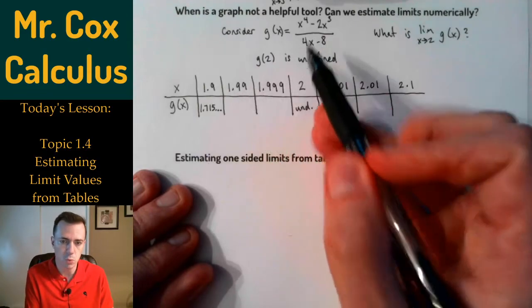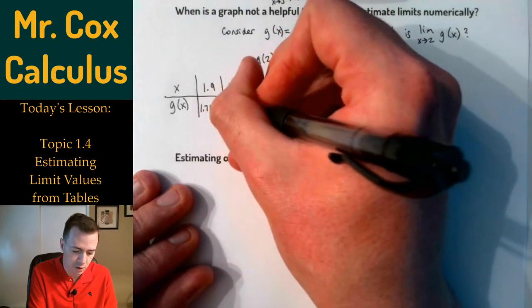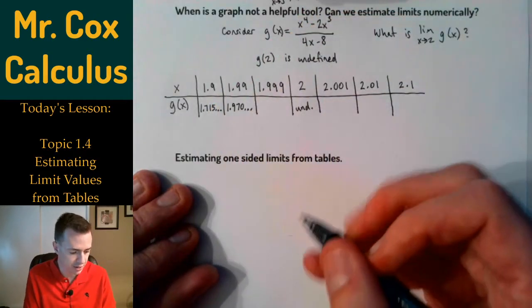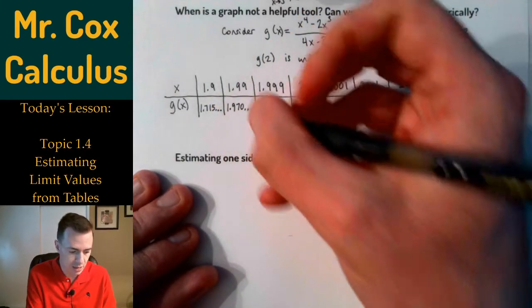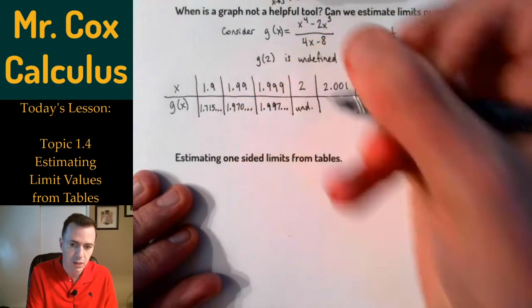If I plug 1.99 in, I get 1.970, and that's a decimal that goes on. For 1.999, I get 1.997, and so on.